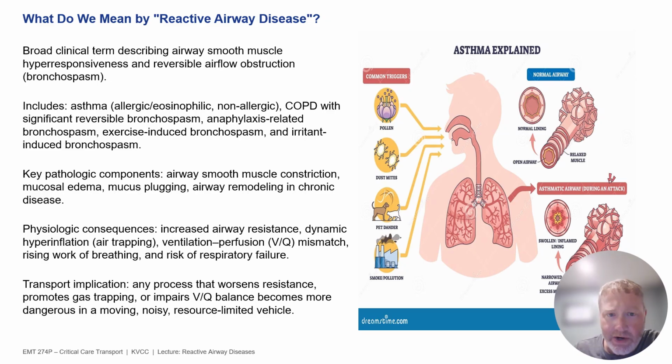That trapped air, which is called dynamic hyperinflation or autoPEEP, is one of the most dangerous physiologic consequences, especially in the intubated patient. And that's covered in other lectures as well. Under your care, every reactive airway patient has the potential to go from moderate distress to respiratory arrest if you don't recognize and treat those mechanisms early.